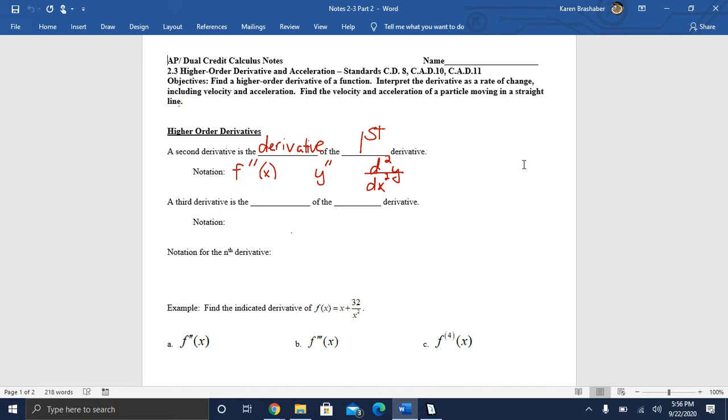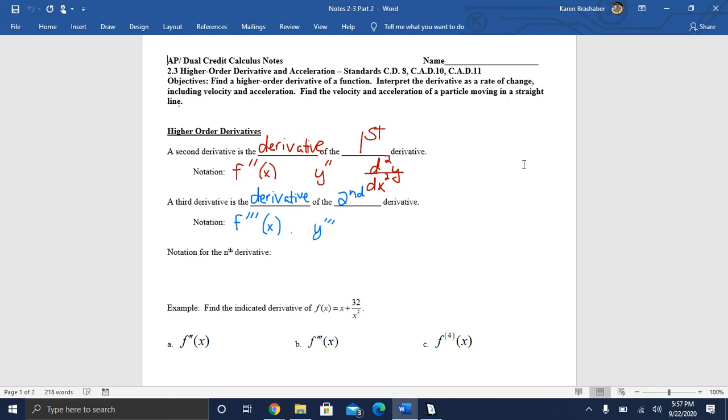And then probably no surprise that a third derivative would be a derivative of the second derivative. And again, probably no surprise that the notation for that would be f triple prime of x or y triple prime.